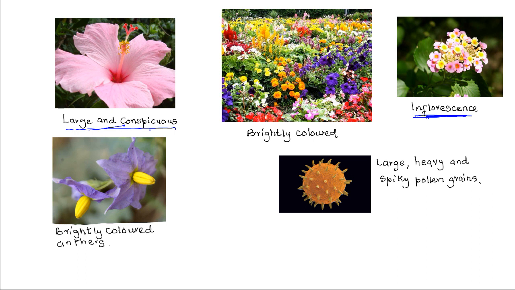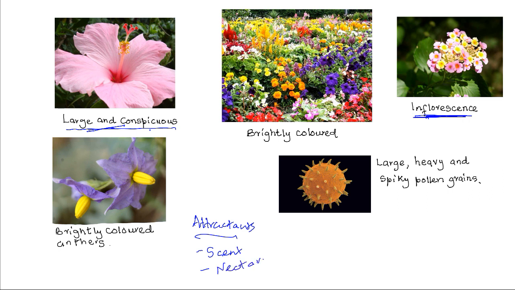Secondly, these flowers also produce a scent, and they also produce nectar that attract insects. So generally, insect pollinated flowers produce attractants. These attractants are in the form of a scent, and also they do produce nectar.